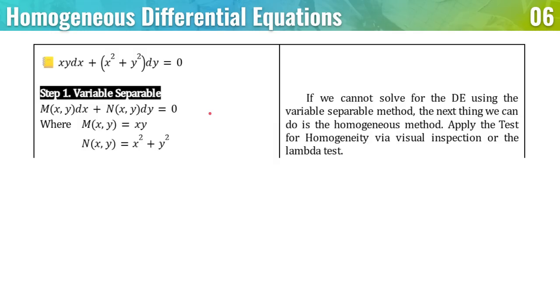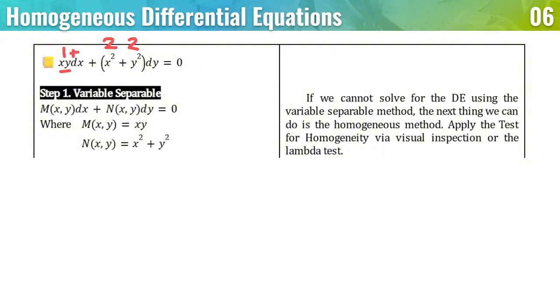So next, we check if they are homogeneous. There are two ways to do it. The first being by visual inspection and the lambda test for homogeneity. So we're going to do the visual inspection one, and the lambda test will be done later in a next example, near the end of the video. So here we have exponent of 2 and then exponent of 2. So what about xy? x has 1 and y has 1.